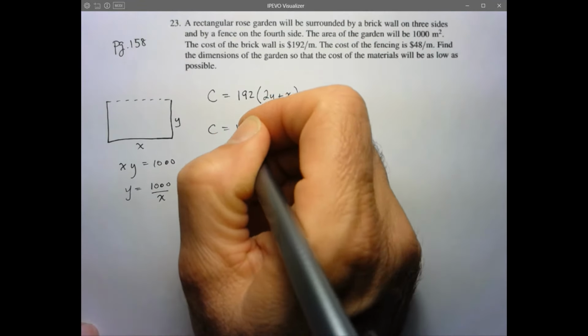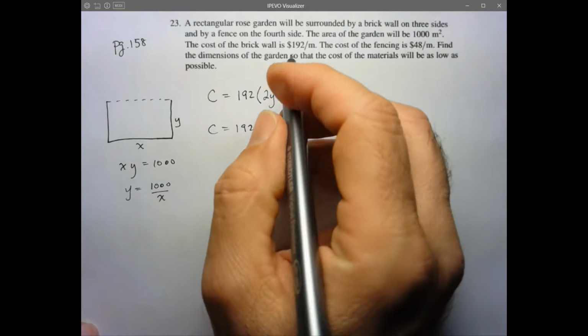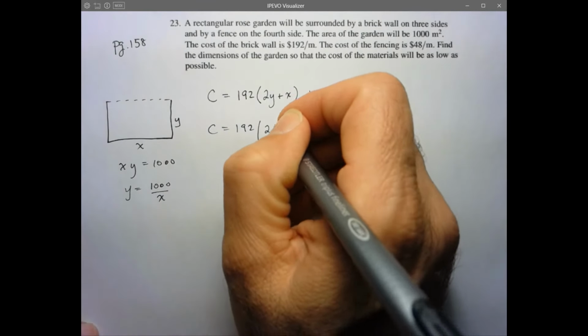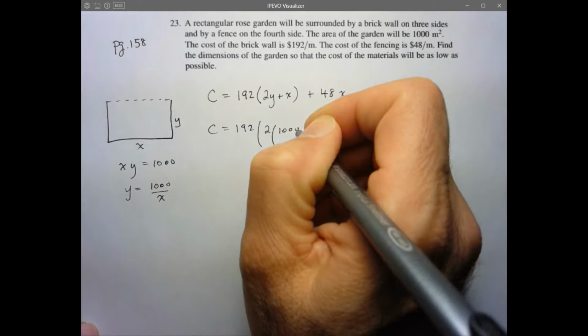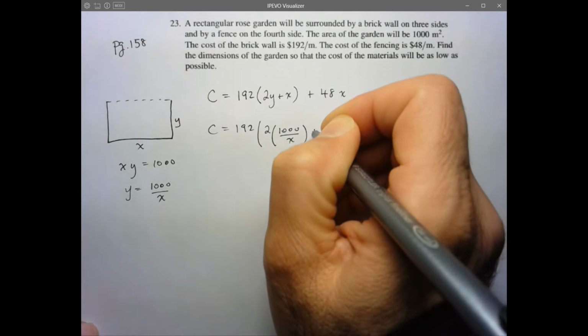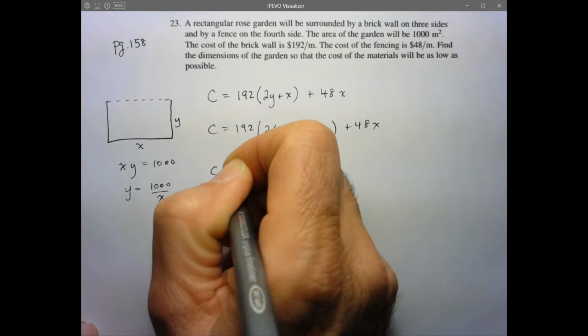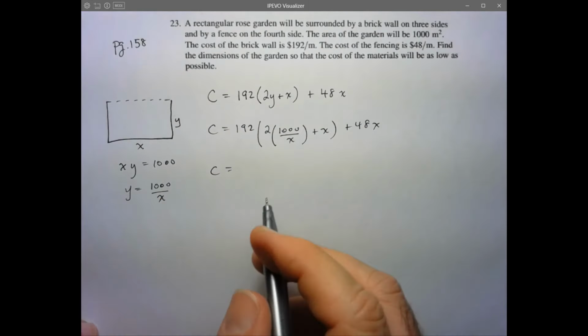So the cost is 192 times, I should have probably distributed this here, 2 times y, which we're writing as 1,000 over x, plus x, and then plus 48x. Could have probably saved myself some time here, but let's do this.